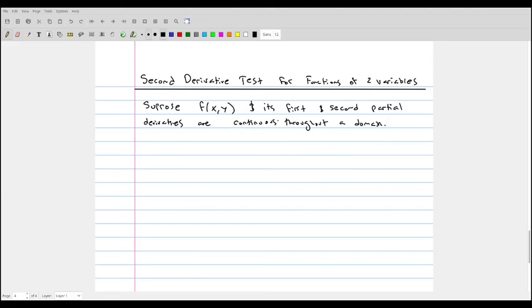specifically, and we'll be very specific here, throughout a disk centered around a critical point R naught, which is just x naught, y naught.